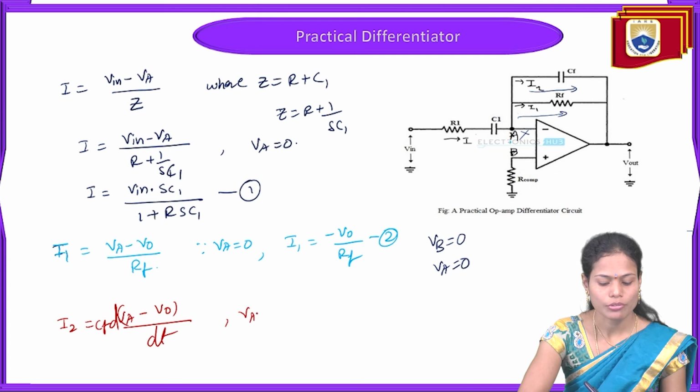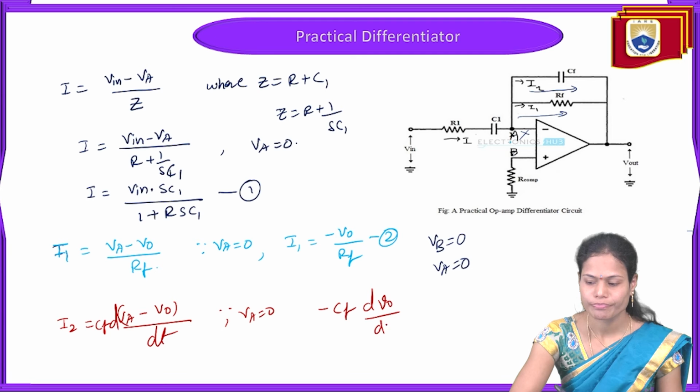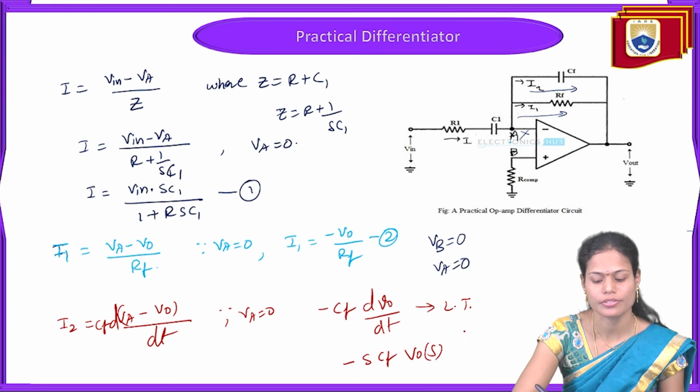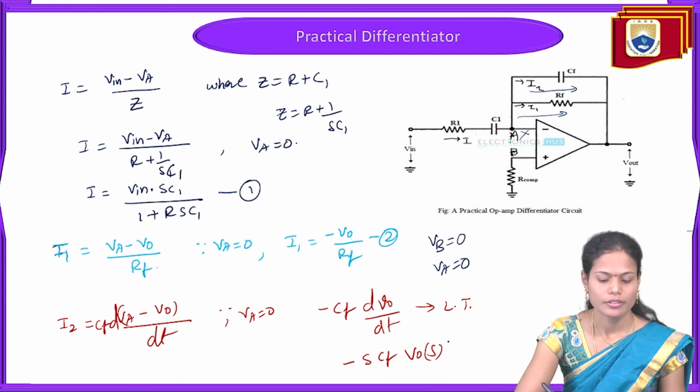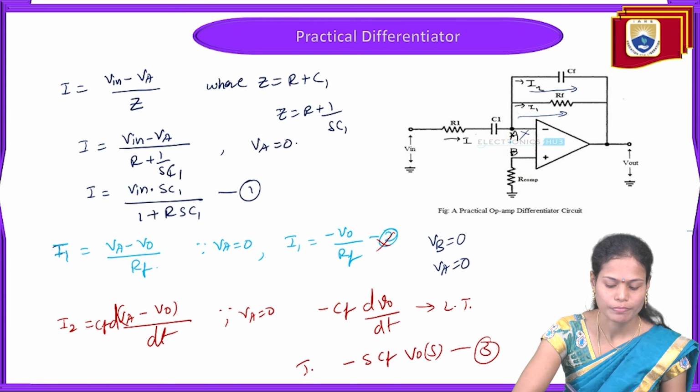Here VA value is equal to 0, so we will get minus CF times dV0 by dt. If we write it in Laplace transform form, we will get minus SCF V0 of S. This is the third equation, I2.